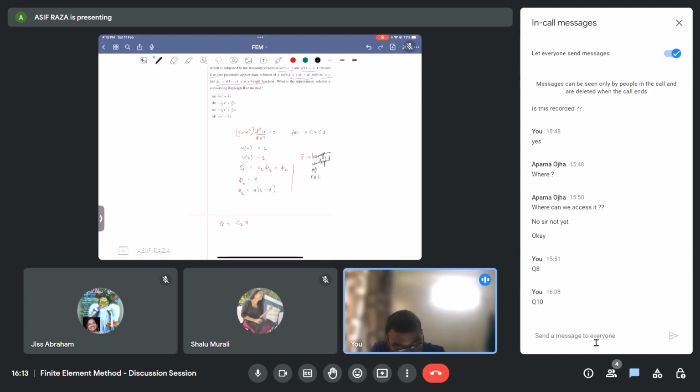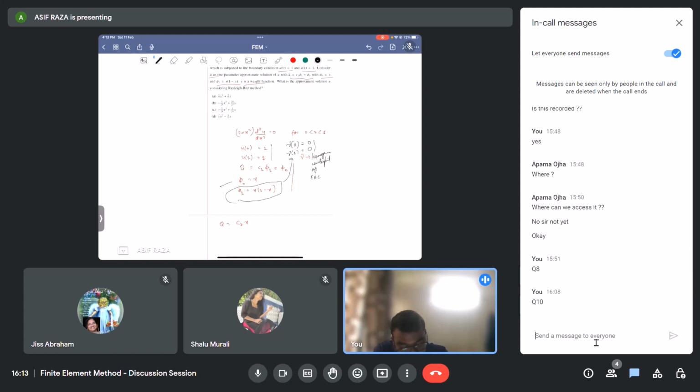So what are my boundary conditions? Nu 0 must be equal to 0, nu 1 must be 0, right? So in that regard, this will satisfy that.